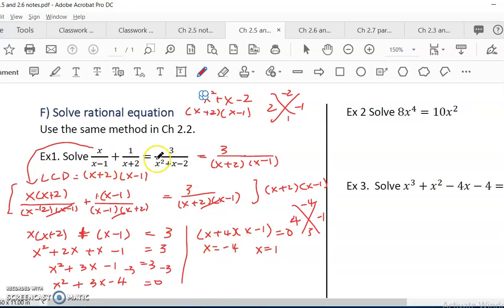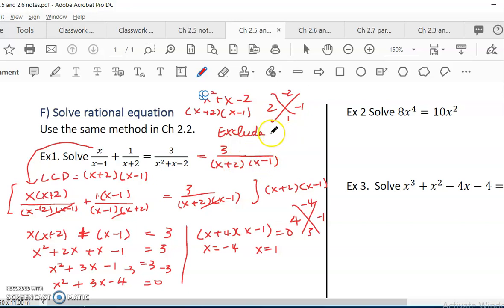You see how this was similar to chapter 2.2's equation, but it became a quadratic instead, and then I can solve it. Now, do I have two solutions? No. What happened is when you have this kind of equation, you have to exclude some x values. It cannot be divided by 0, right?